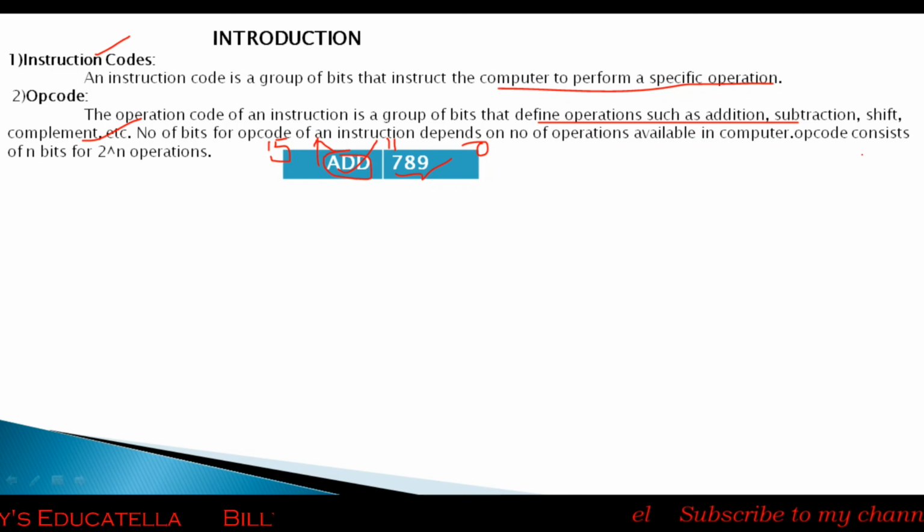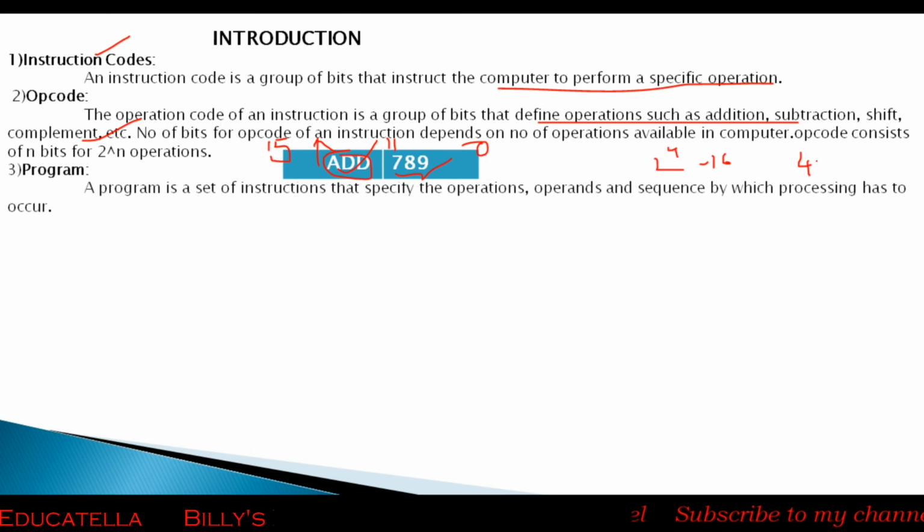An opcode consists of n bits for 2 power n operations. So if we consider 2 power 4 operations, that is 16 operations, it consists of 4 bits of opcode.